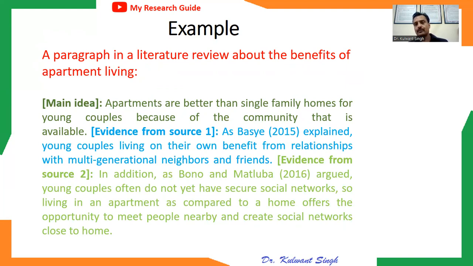The first source, Bias 2015, with the author's name and proper citation, explained that young couples living on their own benefit from relationships with multi-generational neighbors and friends. We are providing support from the first paper for our main idea. Then the second source of evidence is used here.